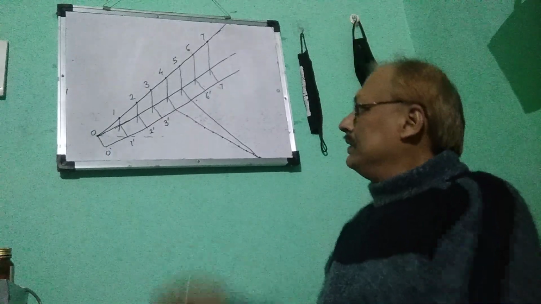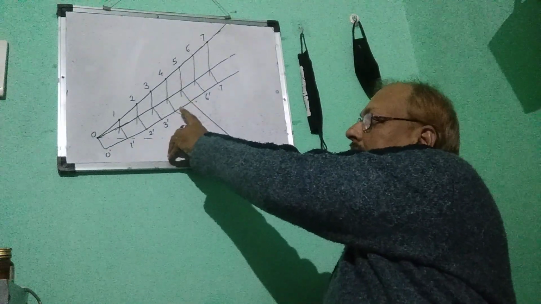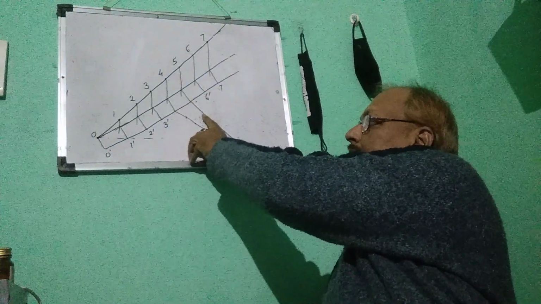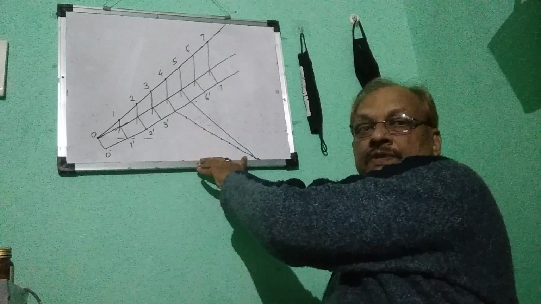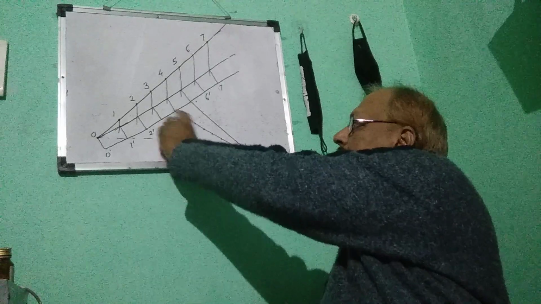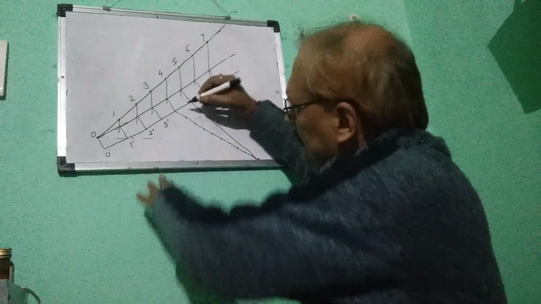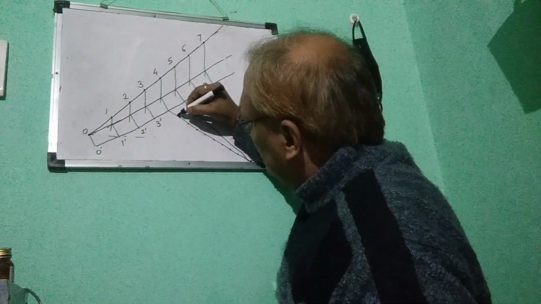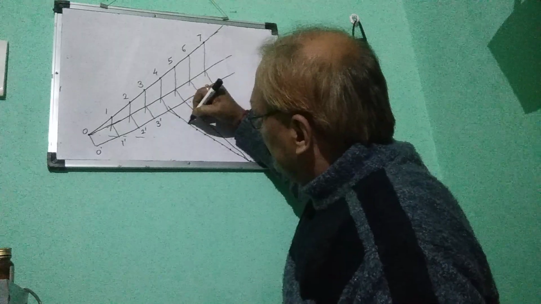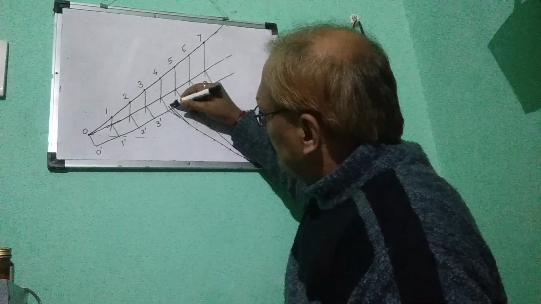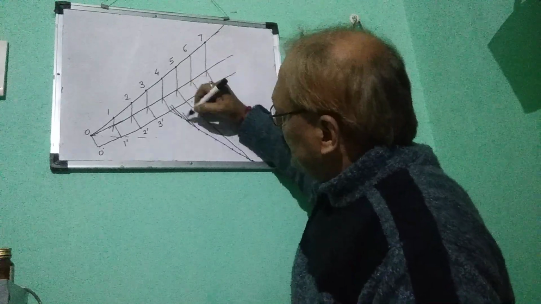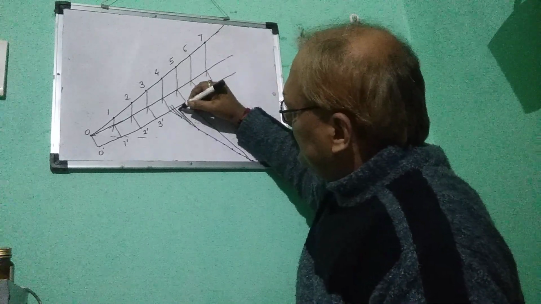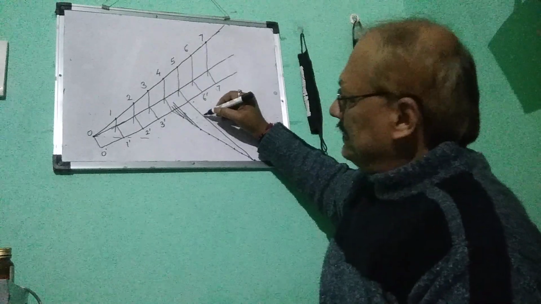Okay. Now you have to divide this line. So parallel to this line, from each and every division here, you have to draw lines to cut this. Parallel to this.